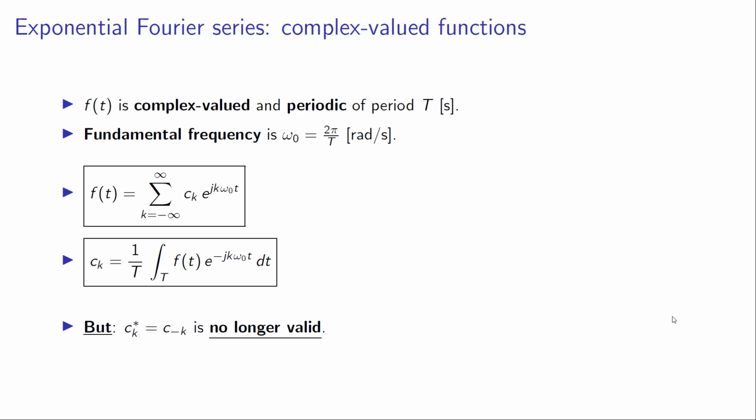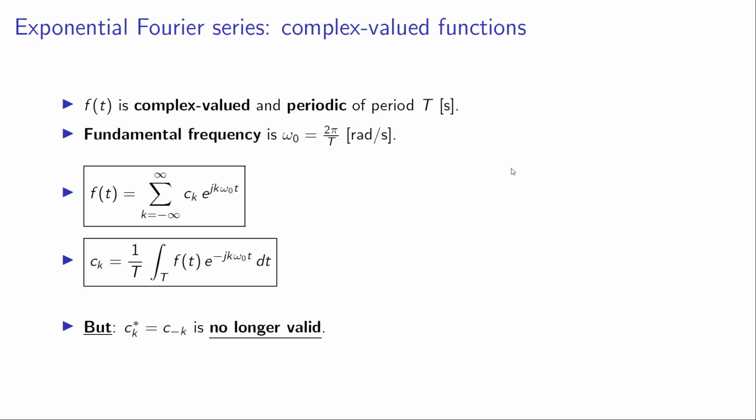So here's the summary. We work with complex valued and periodic functions of period T. This means that the function f of t in the complex plane will produce a closed curve as the function is periodic.